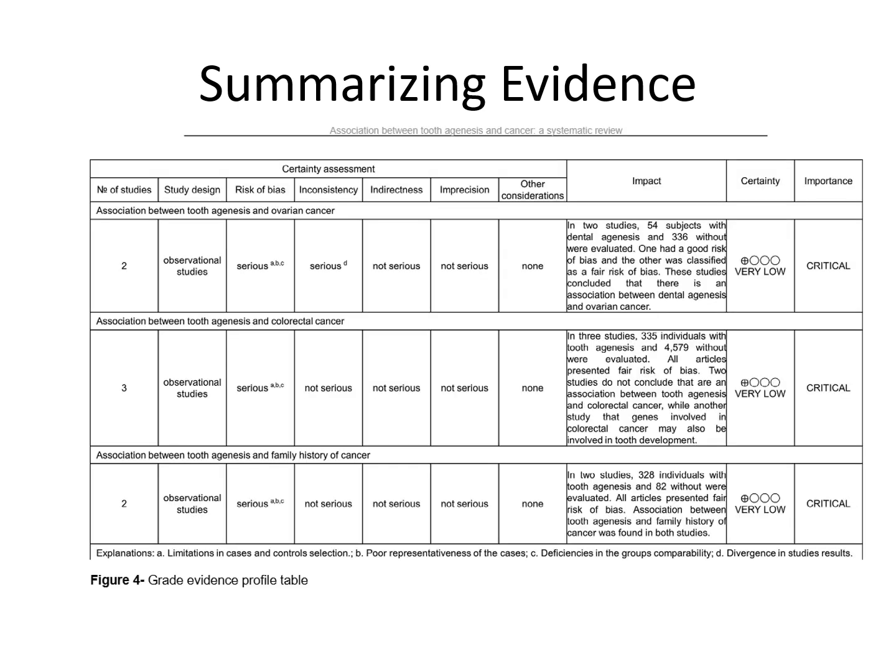This is an evidence profile table from a systematic review of the association between tooth agenesis and cancer. It includes a list of the outcomes, the number of studies and study designs, and judgment about each of the quality of evidence domains like risk of bias, inconsistency, indirectness, imprecision, and other considerations, including publication bias and factors that increase the quality of evidence.